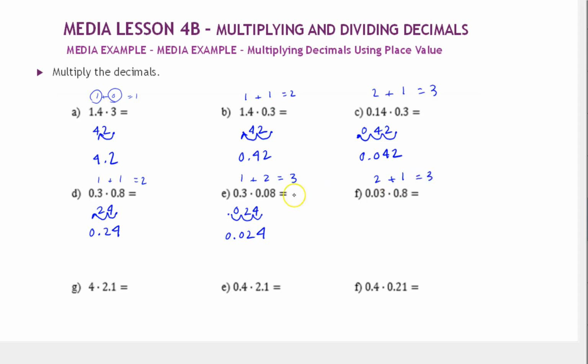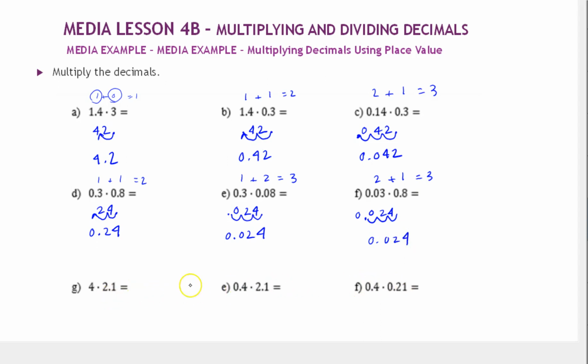So this product is actually going to be the same as this product. So 3/10 of a copy of 8/100 is the same as 3/100 of a copy of 8/10. Starting with the 24, 1, 2, 3 places, we have 0.024.